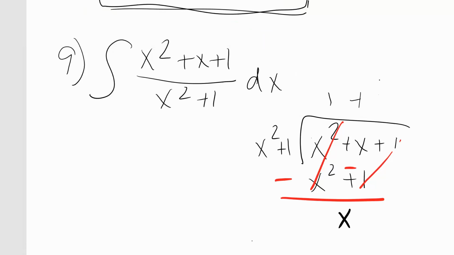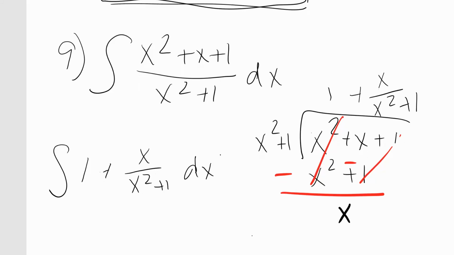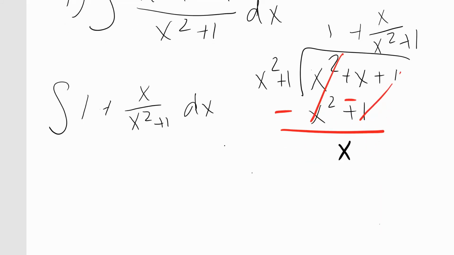So we always put our remainder over our divisor, what we are dividing by. So I can rewrite this as the integral of 1 plus x over x squared plus 1 dx. So now I have two terms that I can do. The integral of just 1, I can do that.